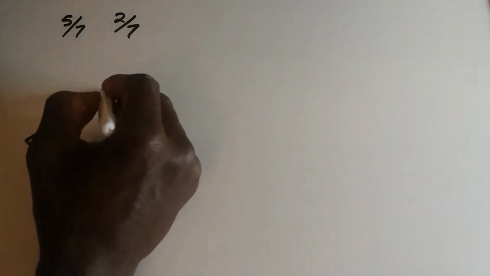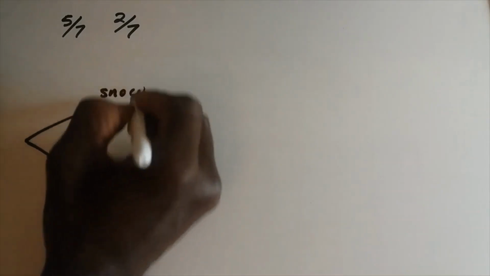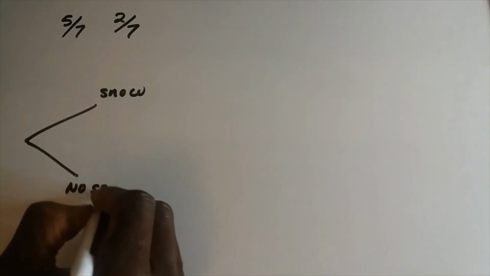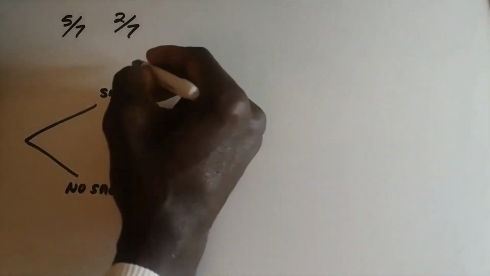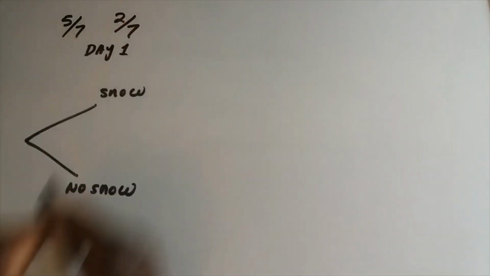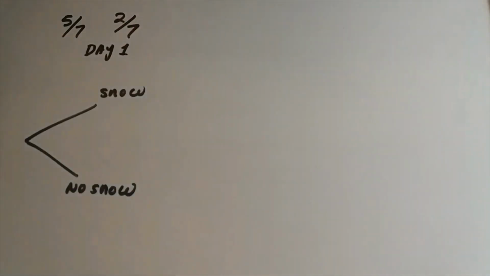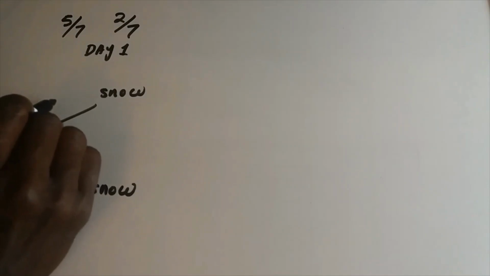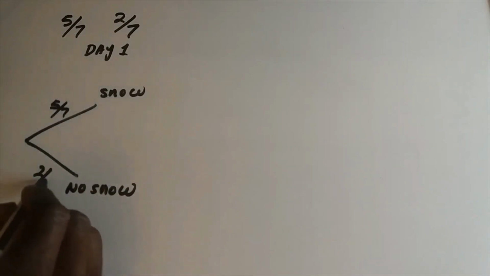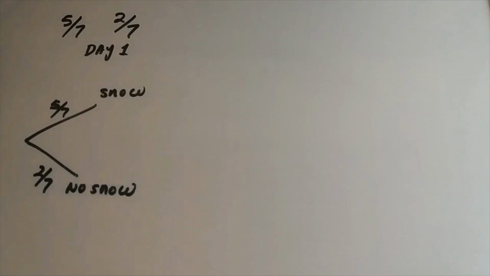So snow, no snow. So this is day 1. And the probability that it snows, we do know it's 5 out of 7, and 2 out of 7 that it does not snow.